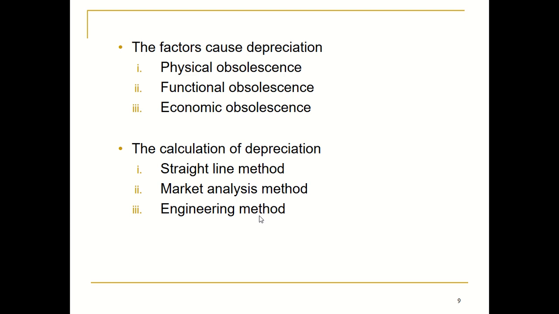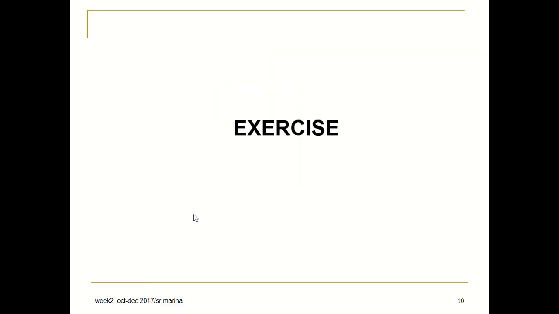We do not go through this calculation of depreciation because if you want to, you need your own formula. It is not in your syllabus and you do not need to get into this calculation. Somehow you need to know how to calculate the depreciation by using straight line, market analysis and engineering method.